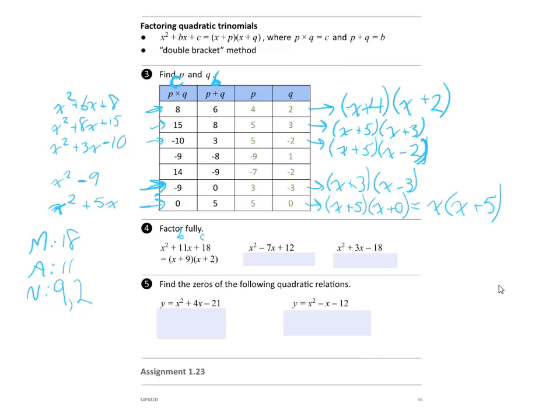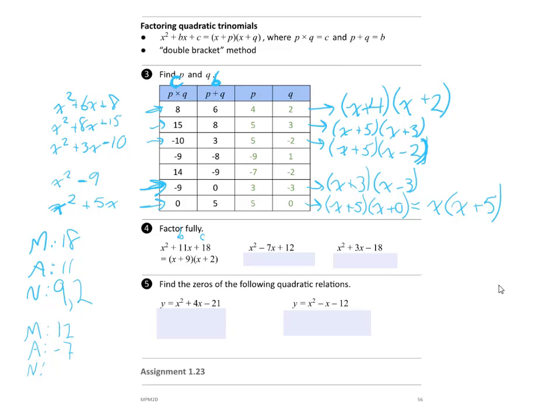Our next example, if I do MAN again, and I have 12. What adds to negative 7 and multiplies to 12? Now remember, if we multiply to a positive number, that means the two numbers are going to have the same sign. And since it adds to a negative number, both of the numbers are going to be negative.